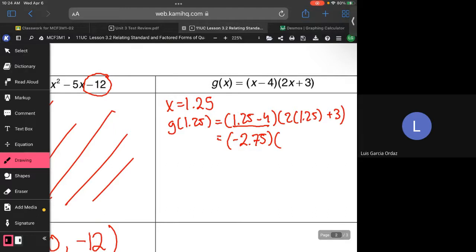Okay, plus 3. And then we do 5.5. Perfect. So now, what's negative 2.75 times 5.5? Negative 15.125. That's fine.